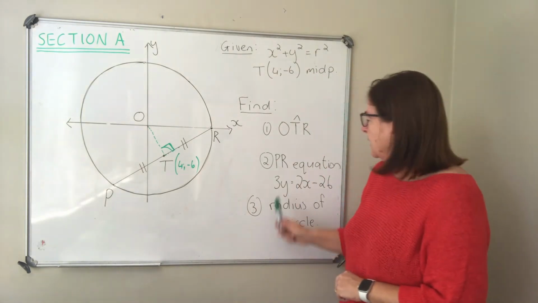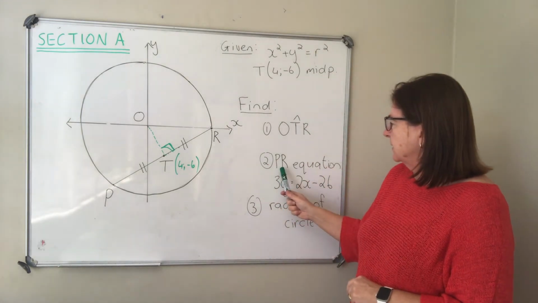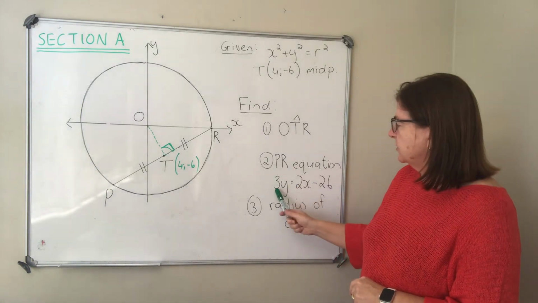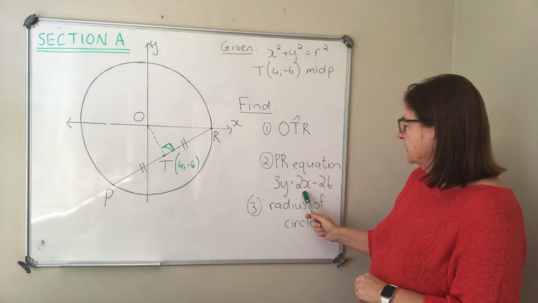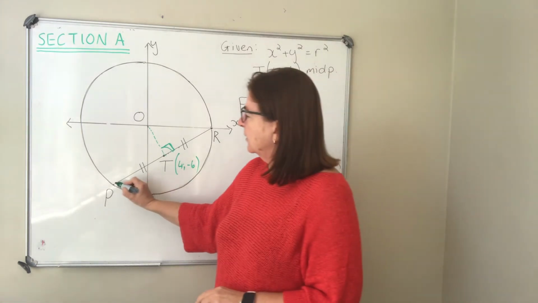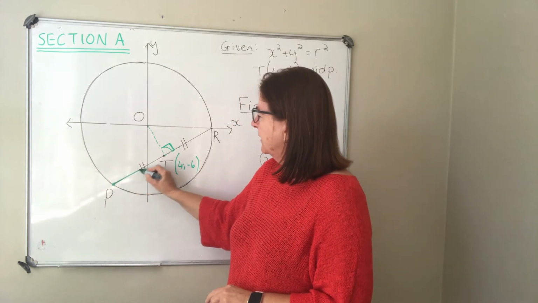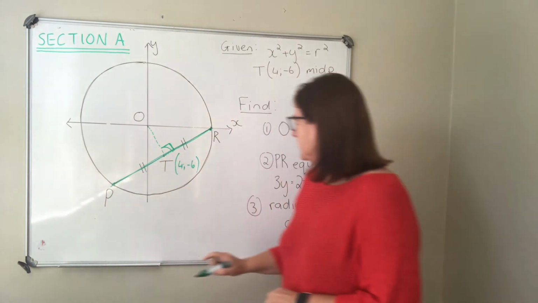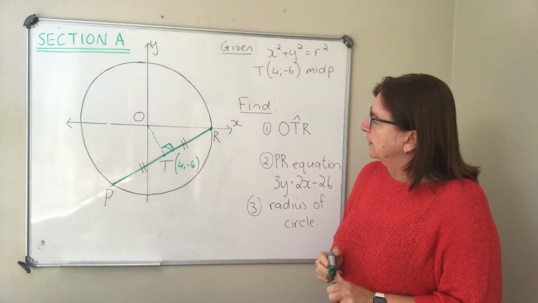Second question, we need to prove that the equation of PR is 3y equals 2x minus 26. So we need to prove that the equation of this line here is in fact that there.